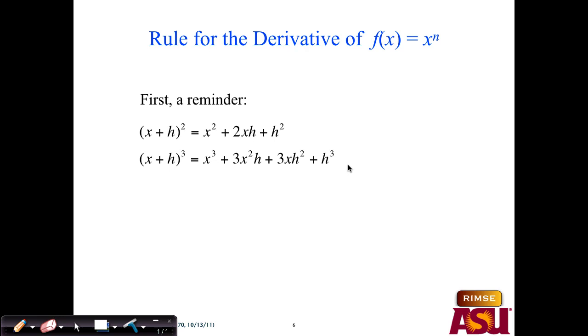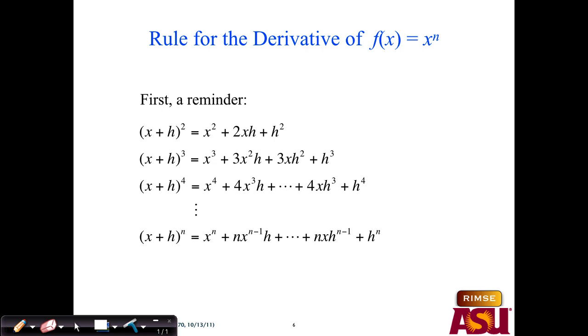If you learned about the binomial theorem and binomial expansions, there are shortcuts for how to expand these, and in general there are nice patterns. If we put the terms in increasing or decreasing order of powers of x, or the opposite for the powers of h that arise, there's nice patterns.